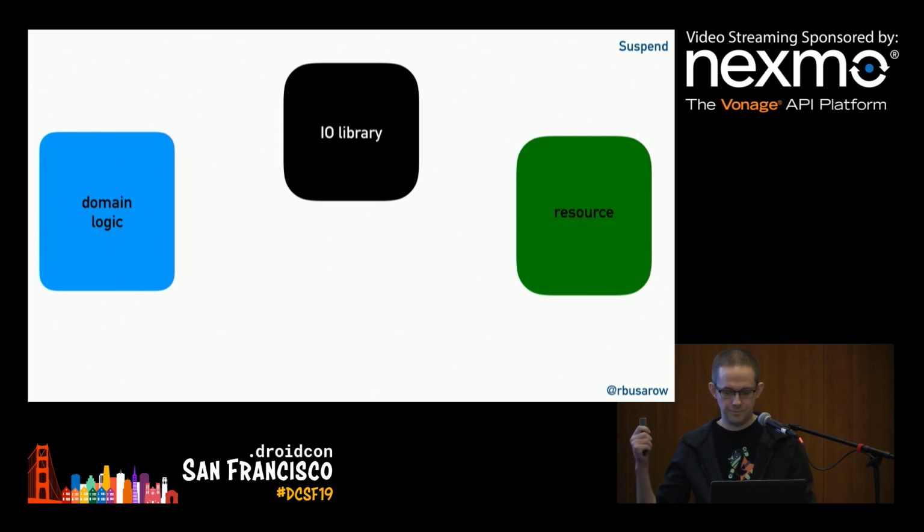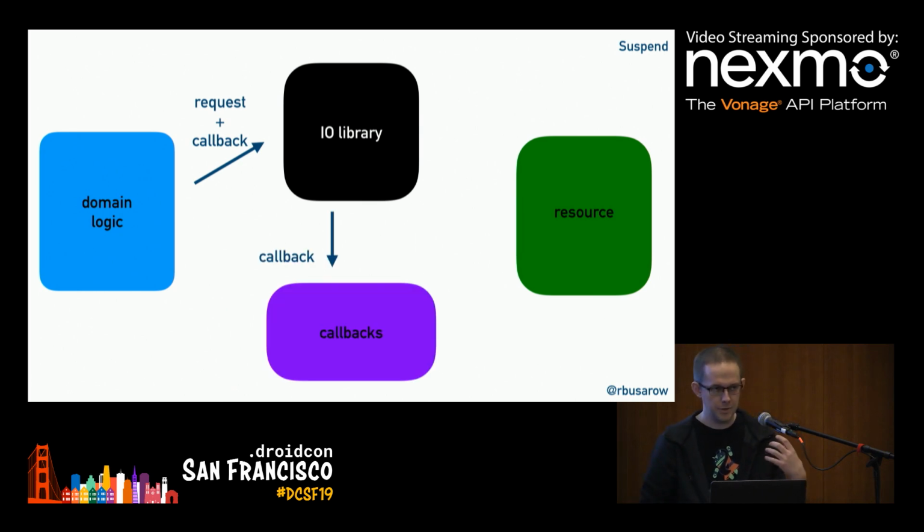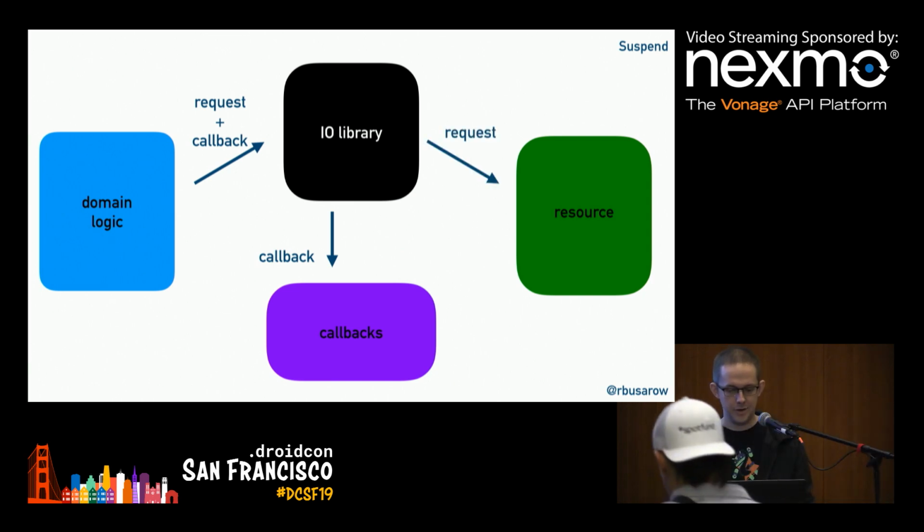And high level, what happens here is that when we send a request to this IO library along with a callback, that library is then going to split it apart. And it's going to put that callback into a private data store of some sort for safekeeping, and it's going to send that request off to the resource.